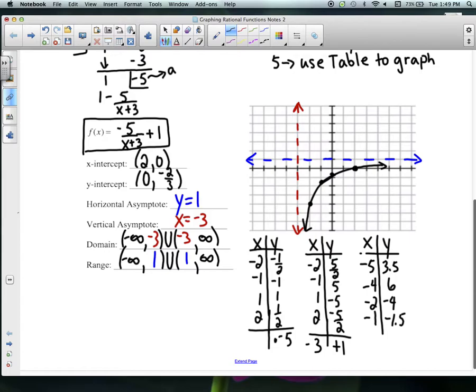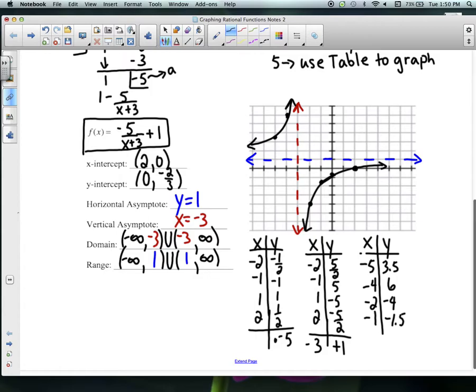That gives you a nice connection for that branch. And you only really get 2 for the other one, but that's fine.